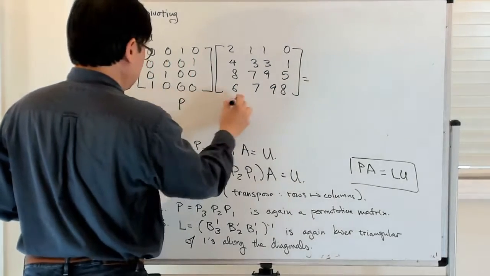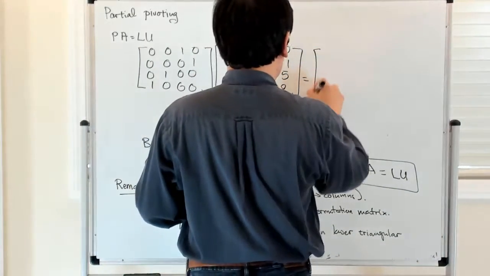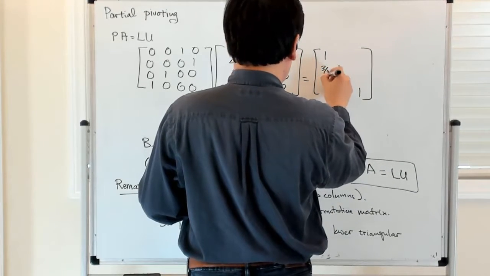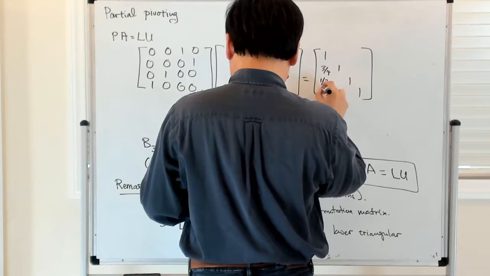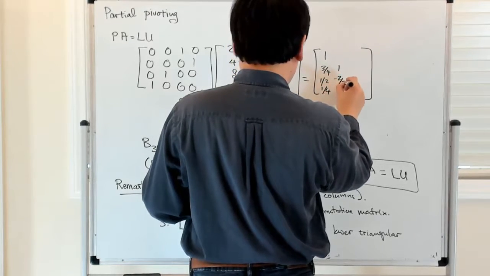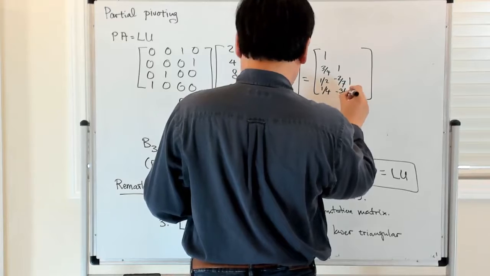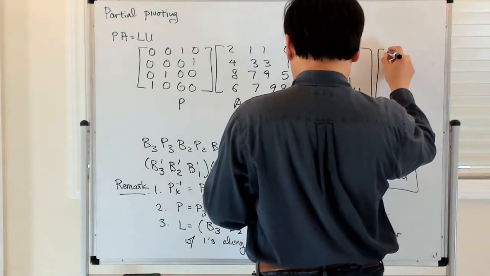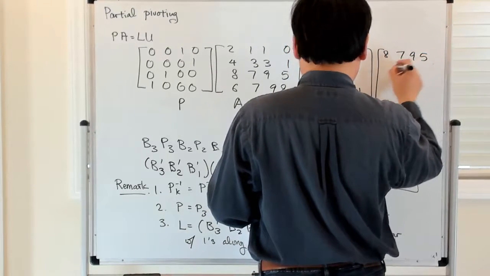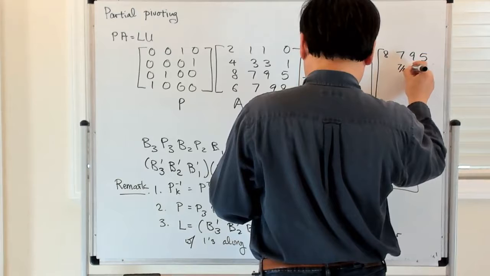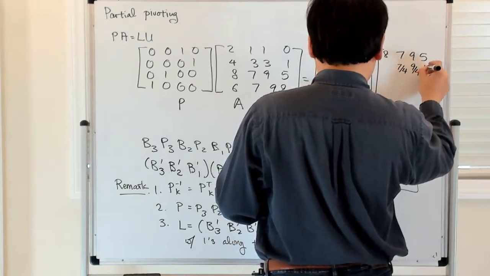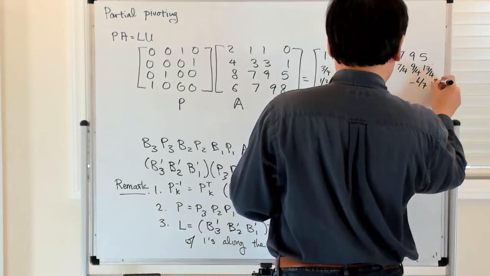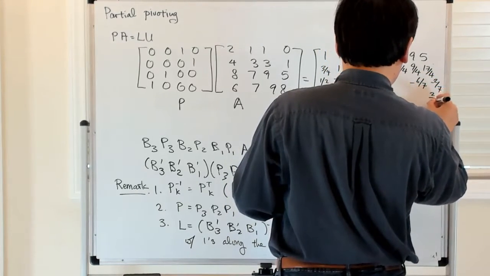So this is PA, this is A, and L is this lower triangular matrix, 3/4, 1/2, 1/4, minus 2 over 7, minus 3 over 7, and 1/3. And then U is 8, 7, 9, 5, 7 over 4, 9 over 4, 17 over 4, minus 6 over 7, minus 2 over 7, and 2/3.